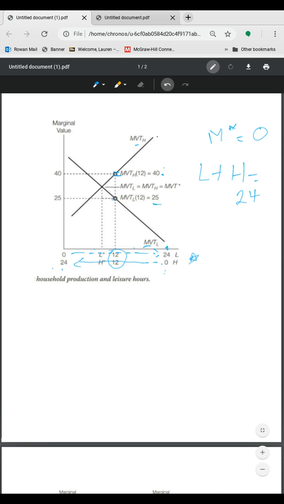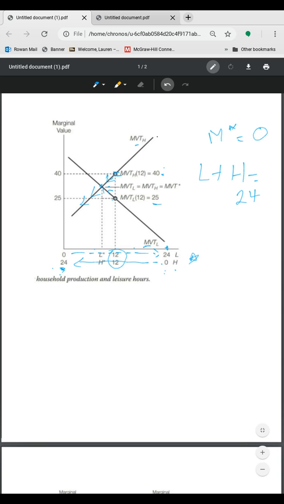So we want to increase our household time, and that's going downward on this line. Remember, because household work, higher amounts of time are to the left. And then for leisure, as we're doing that too, we're going to decrease the amount of leisure. So we get more household work, less leisure. And we really go until we hit the point where they intersect.